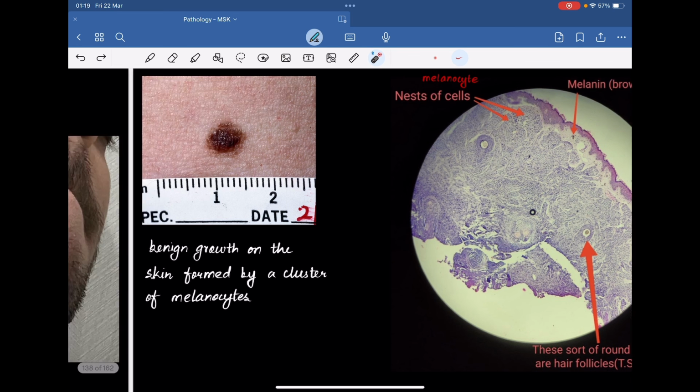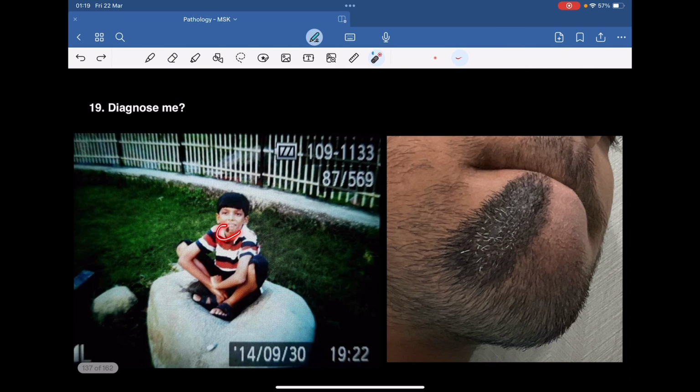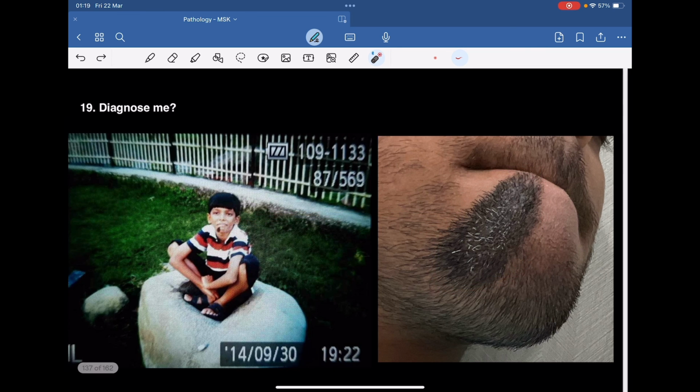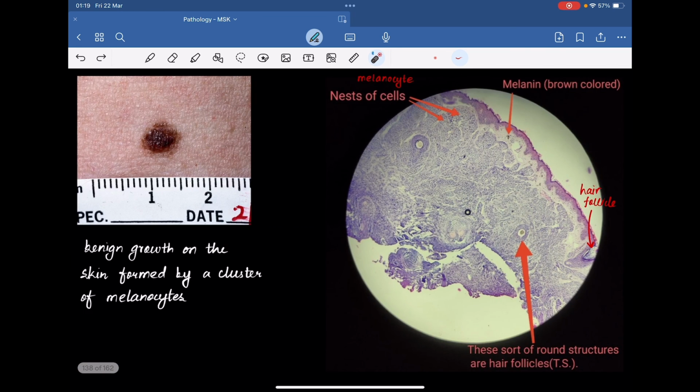Another thing is that over the years, the size of this patch hasn't increased that much. That means it's a benign growth. So what I have here is a benign growth on the skin formed by a cluster of melanocytes. And this is what we call nevus.